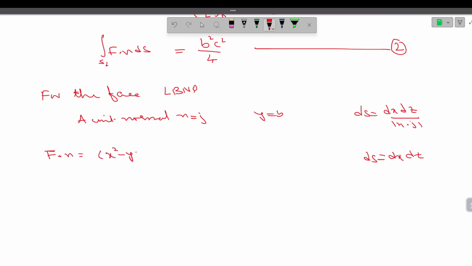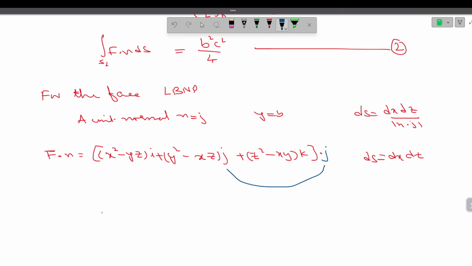Now we have to find f dot n. What is our f? yz of i, y square minus xz of j, z square minus xy of k. So we have to take the dot product with j. So here only j dot j is 1.